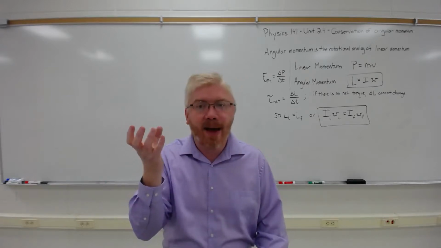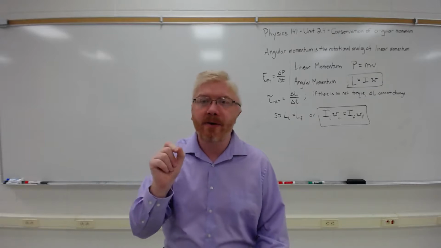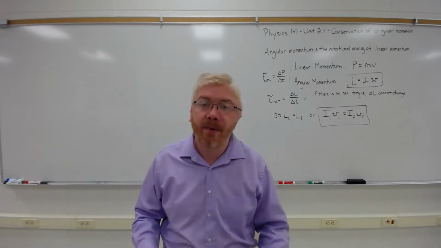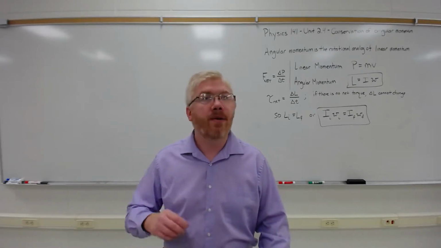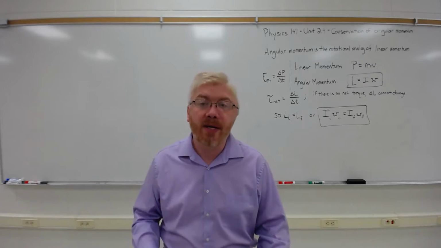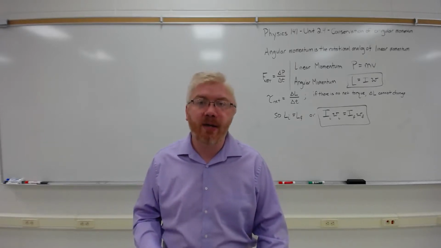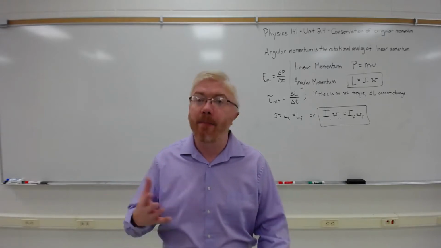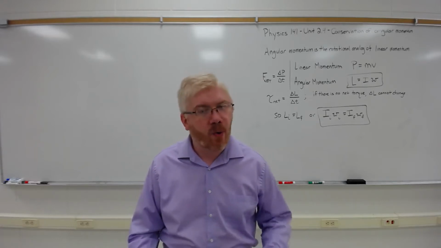Earth is the same mass, so when it's closer to the sun, I is a little bit smaller, so omega has to be a little bit bigger in order for momentum to be conserved. And Kepler's second law of planetary motion, with equal areas swept out in equal times, is a consequence of conservation of angular momentum. And that's how it was first measured by Kepler. Again, we're assuming orbits are circular for the most part, but they're not quite.